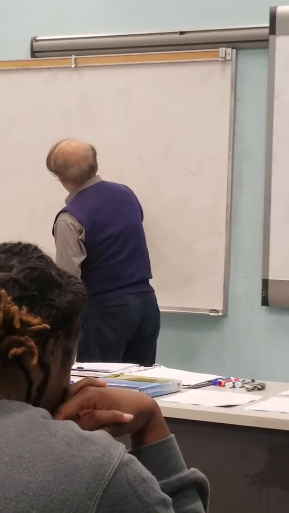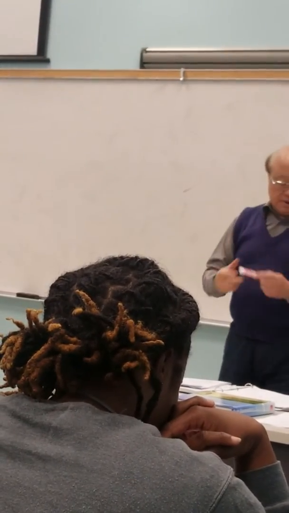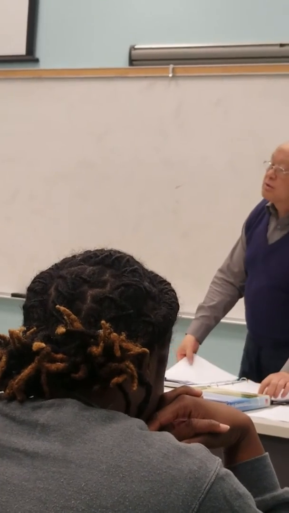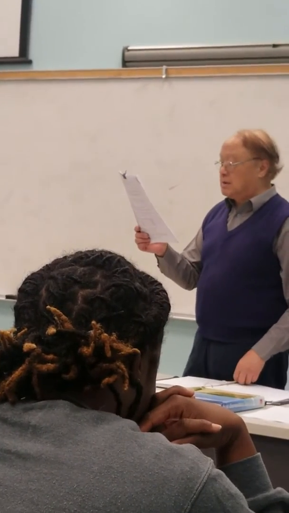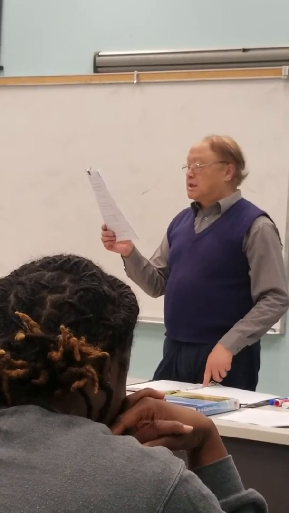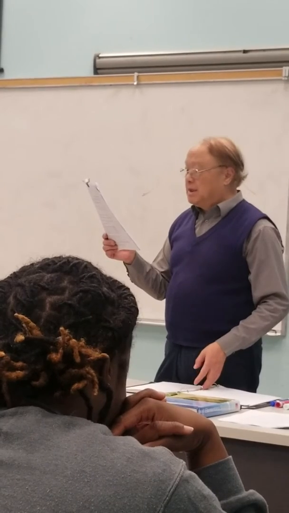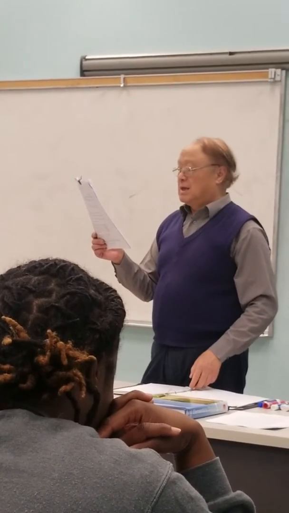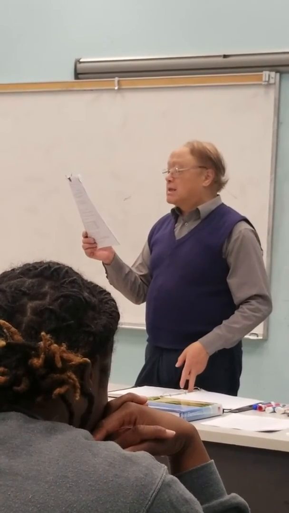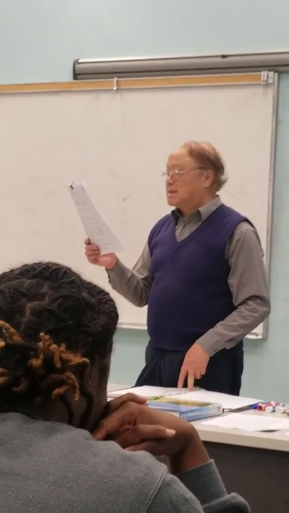So we call it a bell-shaped distribution. A normal distribution is a bell-shaped distribution. The curve is determined by two numbers. One number is mu, the mean value. One number is sigma, the standard deviation.